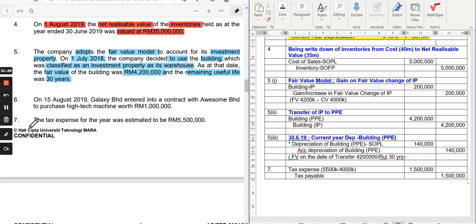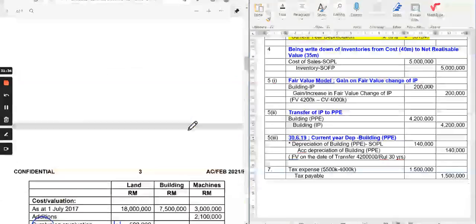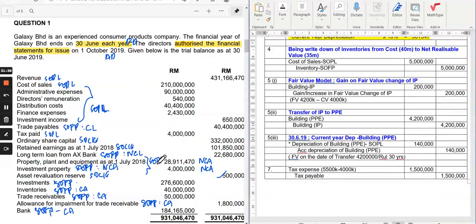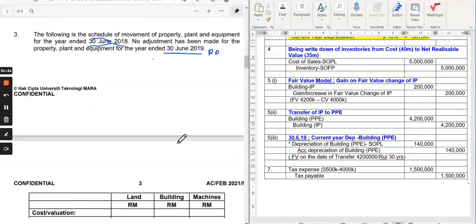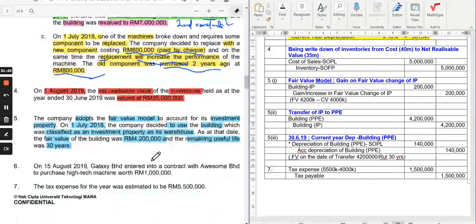Next is the item tax expense. The tax expense was 5.5 million, and if you see here, there was already a debit amount of 4 million, so it is to be increased because of the charge.